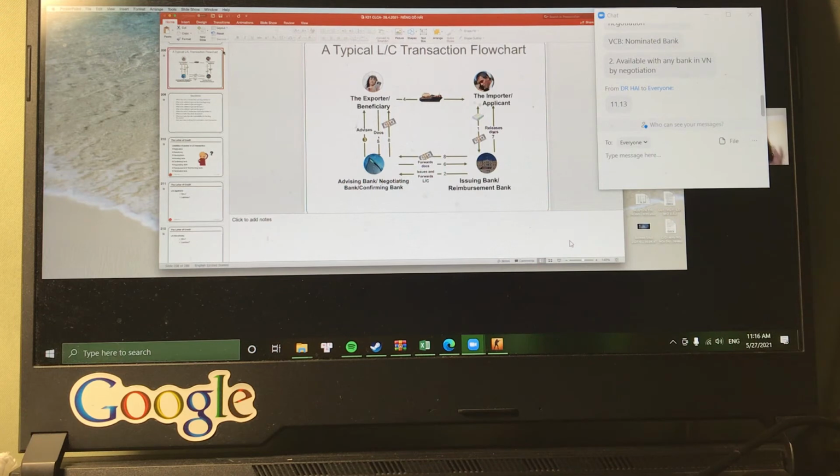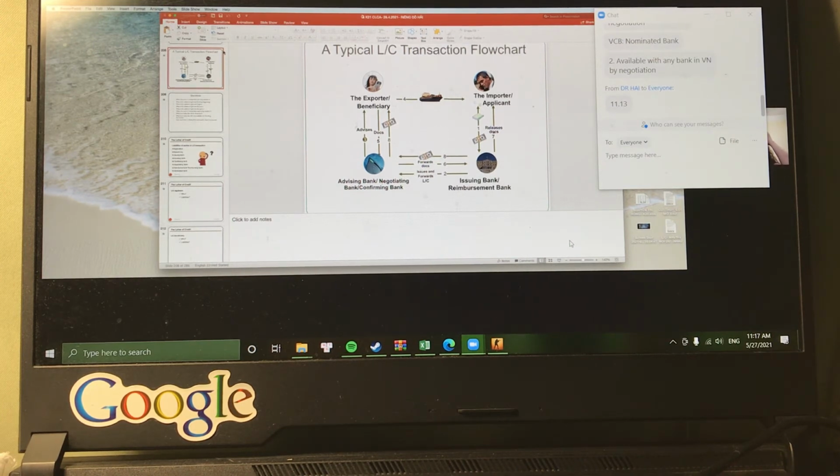We need to remember that the importer creates the application form for LC based on the contents of the sales contract, like Ms. Lê Huyền Trang said: the importer and the exporter sign the sales contract, and if they agree to use LC as a method of payment, of course step number 1 is to issue and send the ALC to the issuing bank.